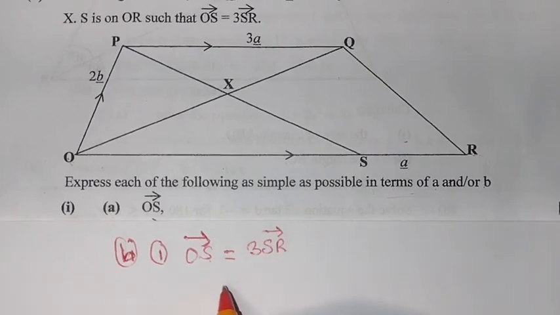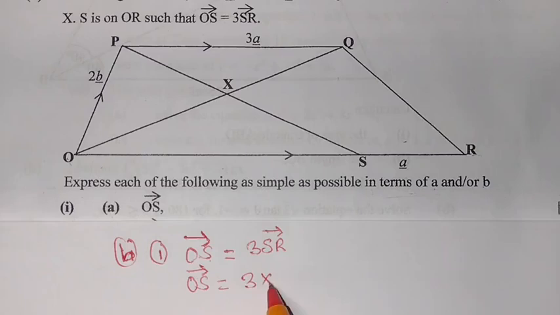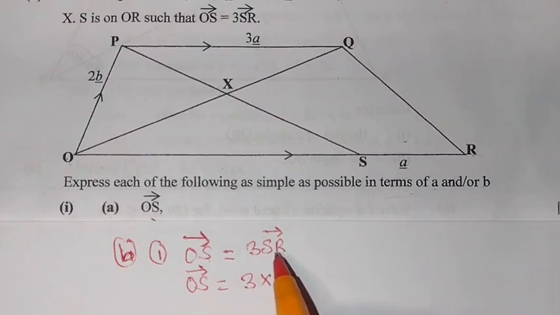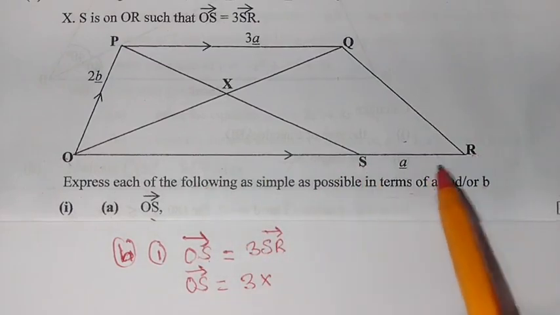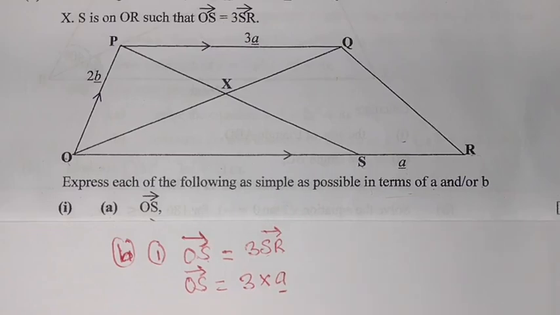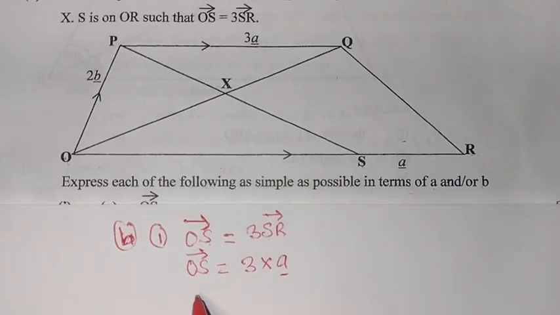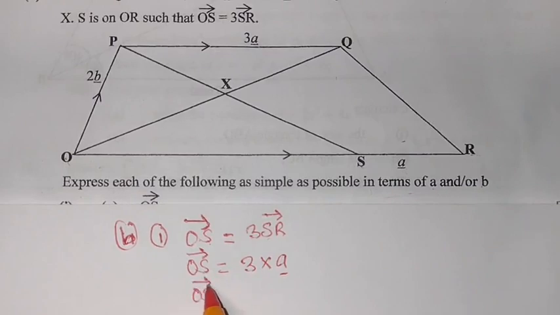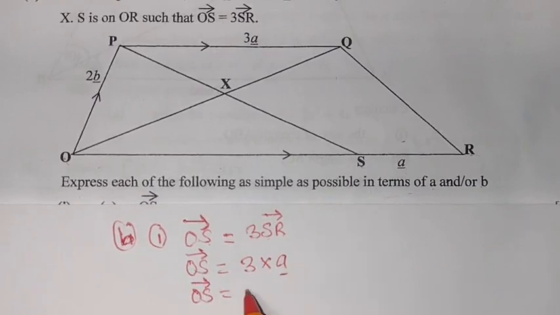SR we have been given in the question as A vector. So where there is SR, we just put A vector. When you multiply, we are going to have OS equal to 3 times A vector. This will be 3A vector.